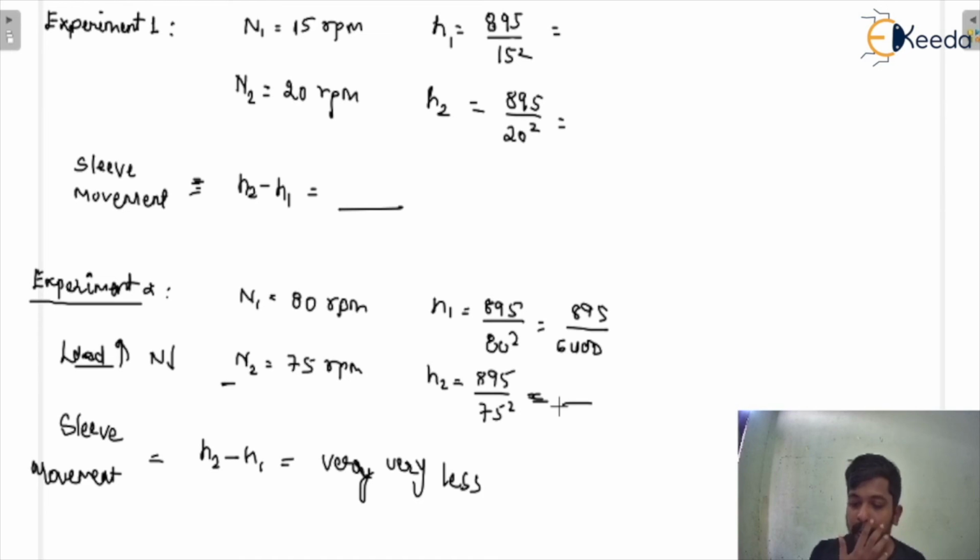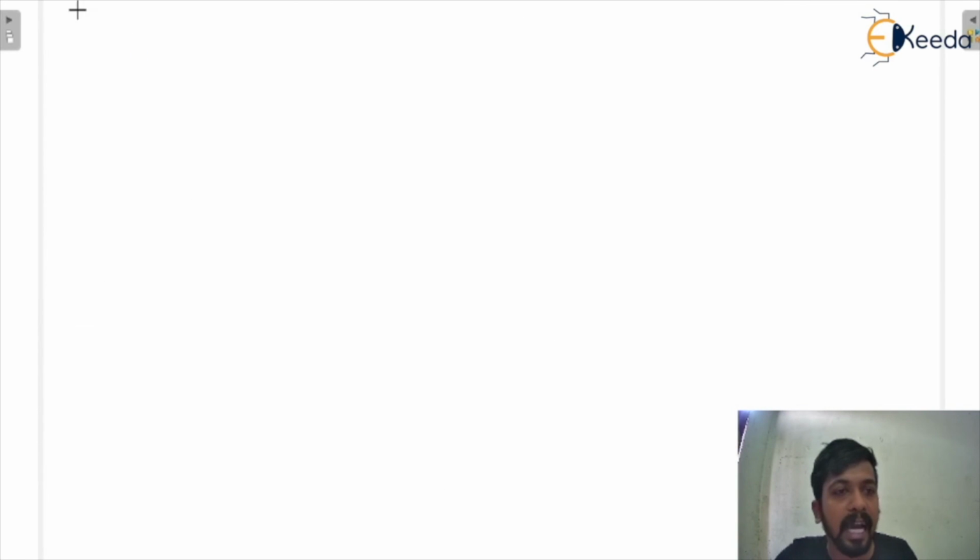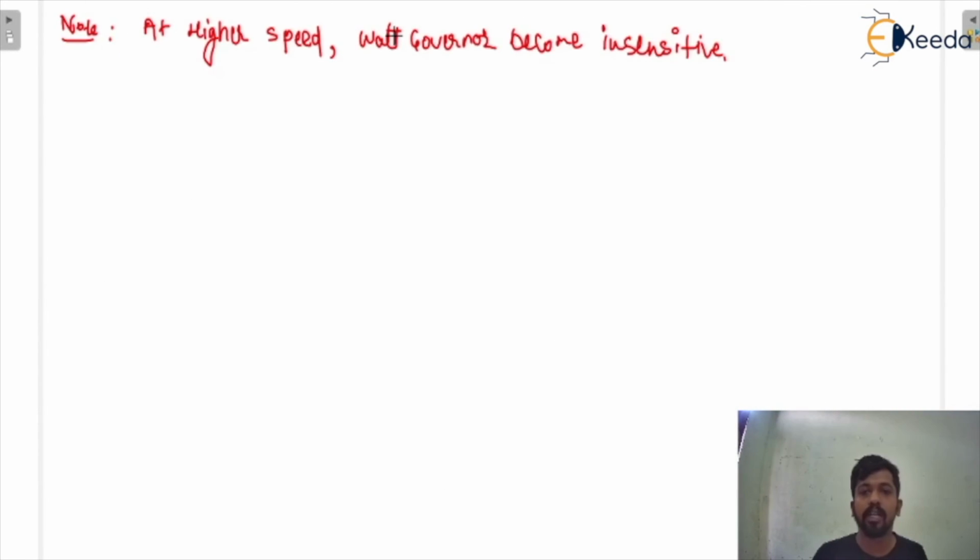less than 1. So at the higher speed, the watt governor becomes insensitive. That is the important thing that we must understand. It should be noted that the conclusion is that at higher speed the watt governor becomes insensitive. If you want to know the exact value of the speed, it would be 60 rpm.